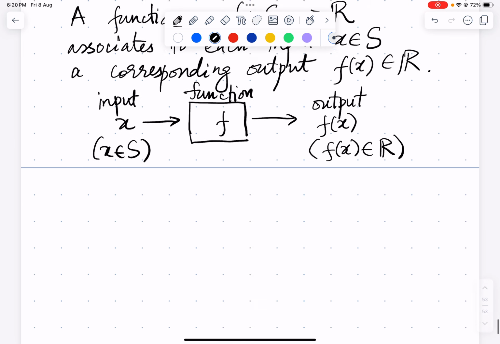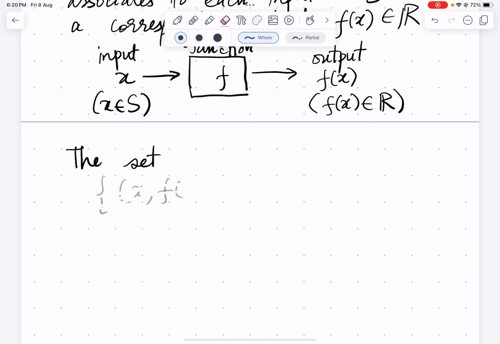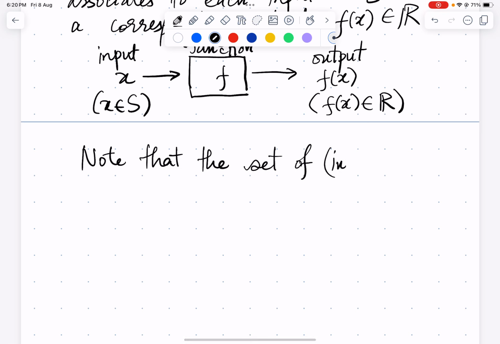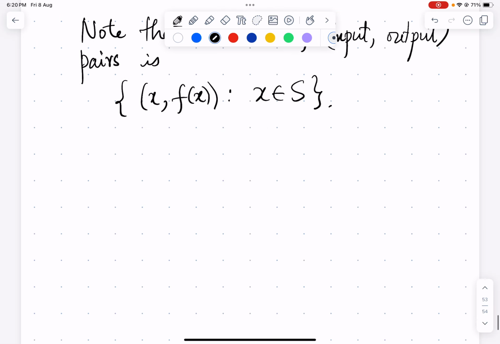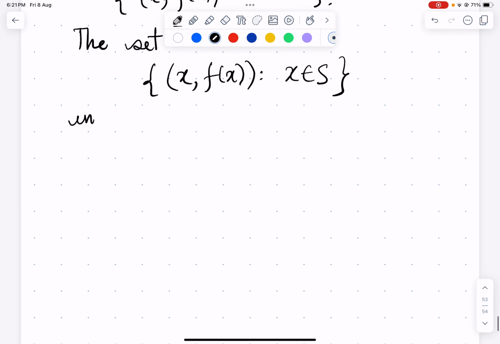And here, note that the set of input output pairs, given a function f, is just x comma f of x as x varies over S. The set of input output pairs as x varies over S is a set in the plane.